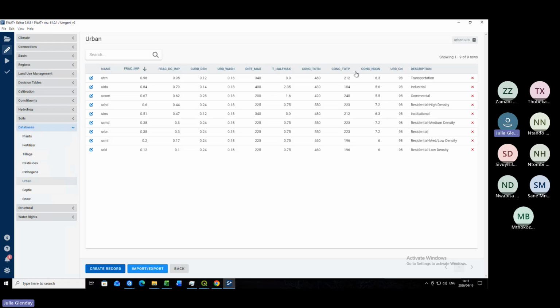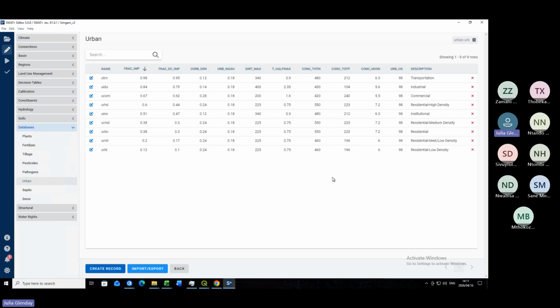And then these are some of the ways that impervious area can contribute loading of nitrogen and phosphorus. There's total nitrogen, and there are also nitrates.